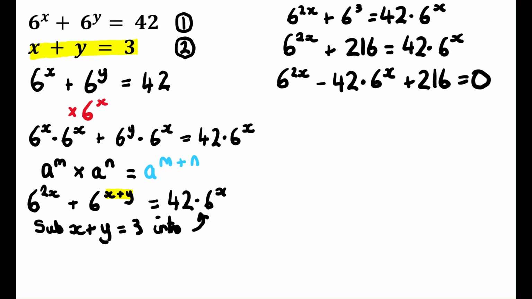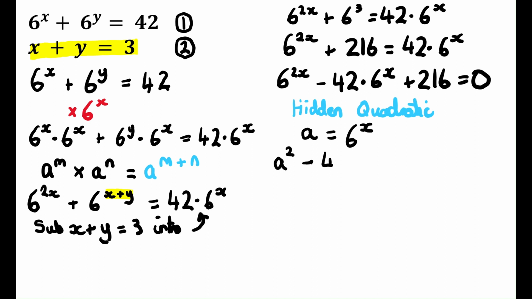It seems that we have a hidden quadratic here, whereby if we substitute a is equal to 6 to the x, we get that a squared minus 42 times a plus 216 is equal to 0.